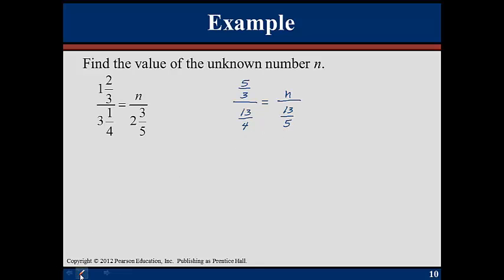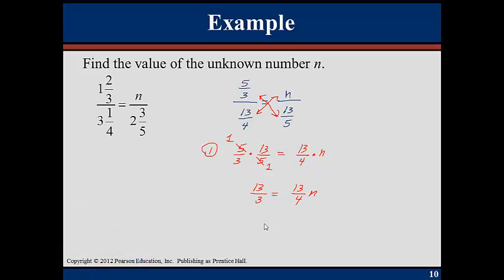Now we can do our cross multiplication. And we have 5/3 times 13/5 equals 13/4 times n. Well, we can simplify the 5s, divide both by 5, and that becomes 1. So this is the same as saying 13 over 3 is equal to 13 over 4 n.